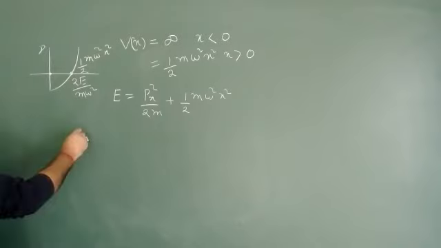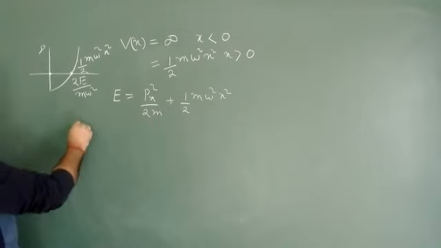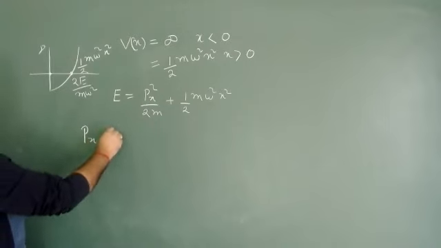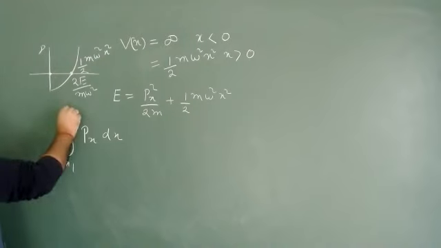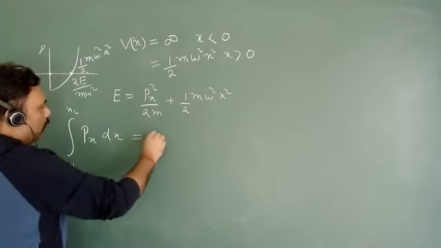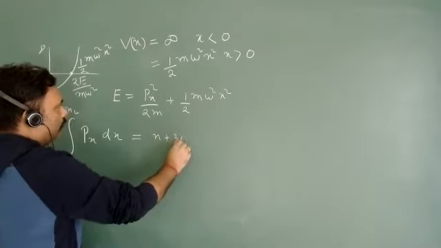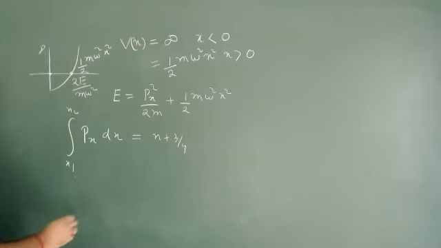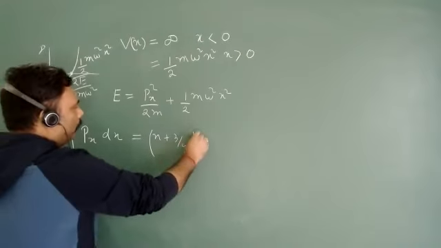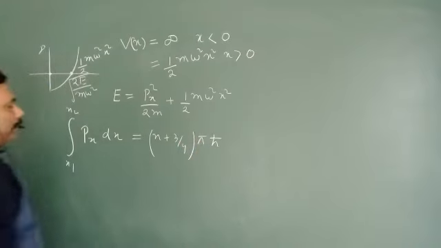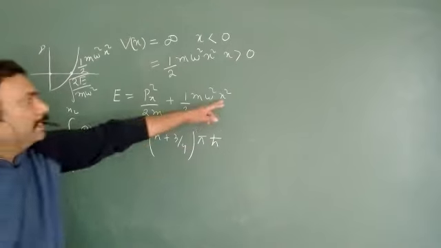Let us try to calculate it. We have to go for the integral of px dx going from x1 to x2, and that value is (n plus 3 by 4) pi h cut. It is under root, because there is x square.